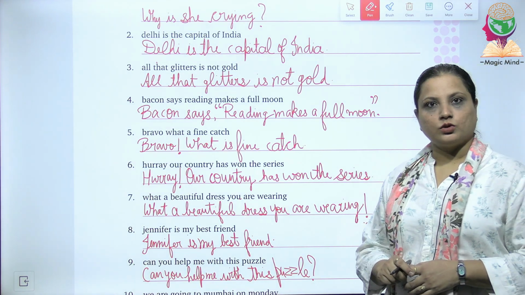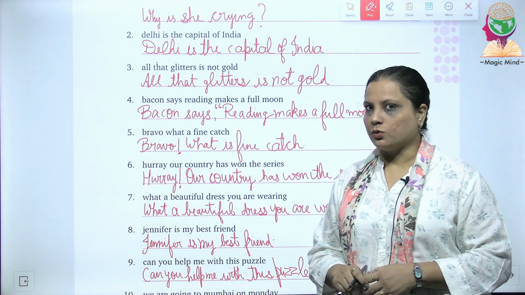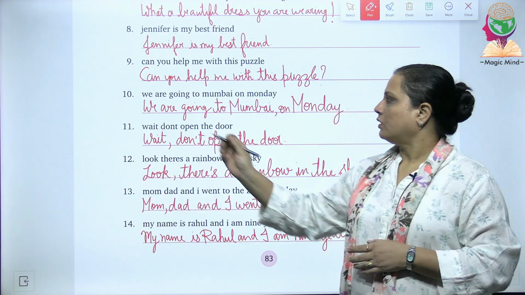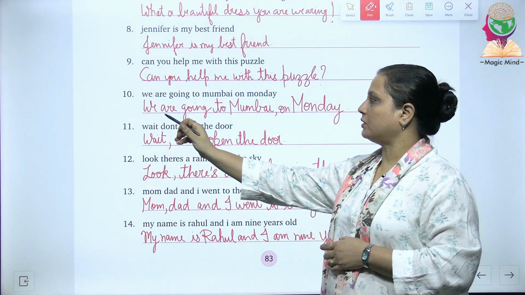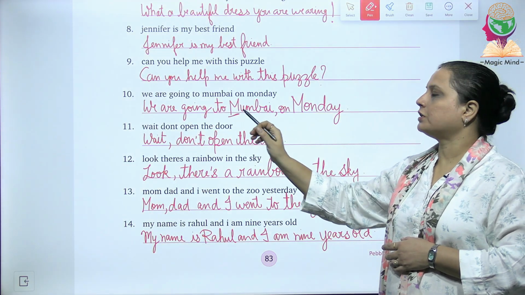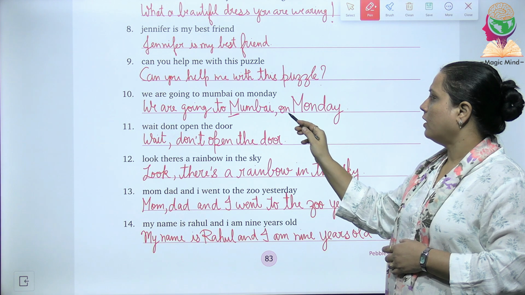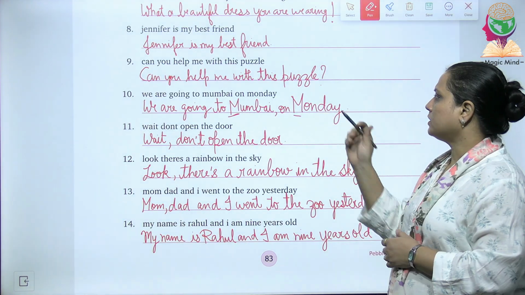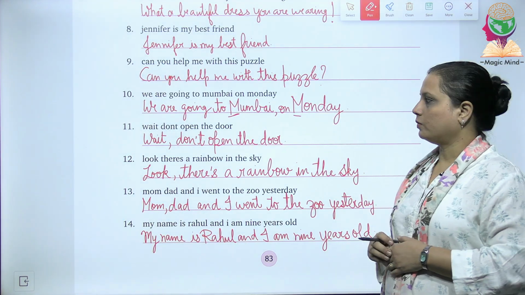Then we move to the 10th one. The answer for the 10th question is: W has to be written in capitals. "We are going to Mumbai, on Monday." Again M is to be written in capitals, comma, on Monday, again M is to be written in capitals since it's a proper noun.